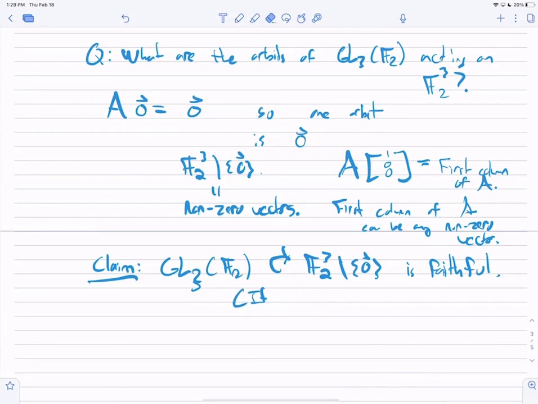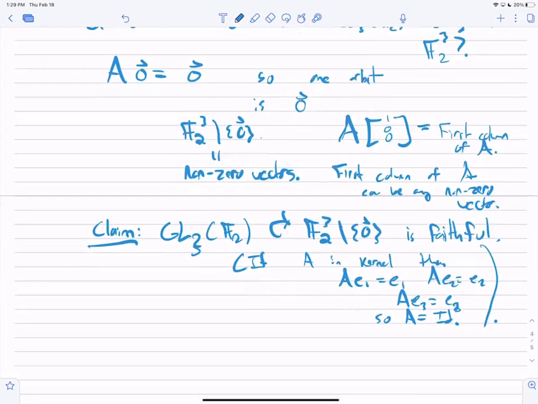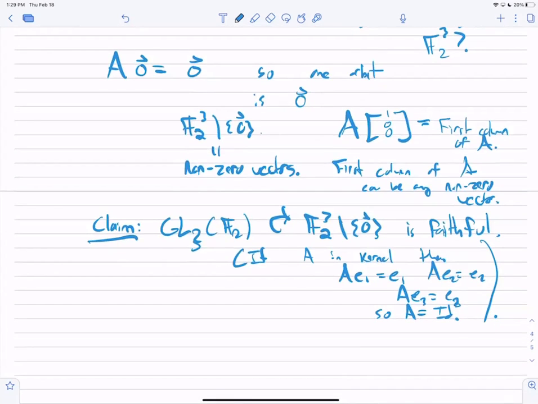So if A is in the kernel, then A times E1 is equal to E1, A times E2 is equal to E2, and A times E3 is equal to E3. So A is the identity matrix. And there's nothing special about E1, E2, E3 here; if you took any basis, the same argument would work. So this is a faithful action.